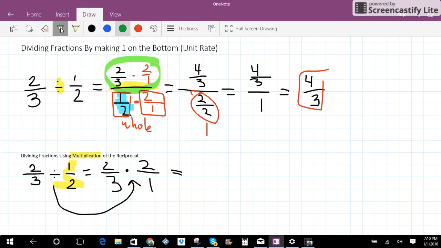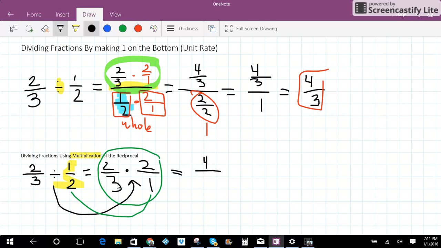So that green that I circled on top is just the problem here now. We change the division into multiplication, but we also need to change to the reciprocal. So instead of 1/2, we use 2/1. The next step is just to continue multiplying. On top we have 2 times 2, so that's 4.